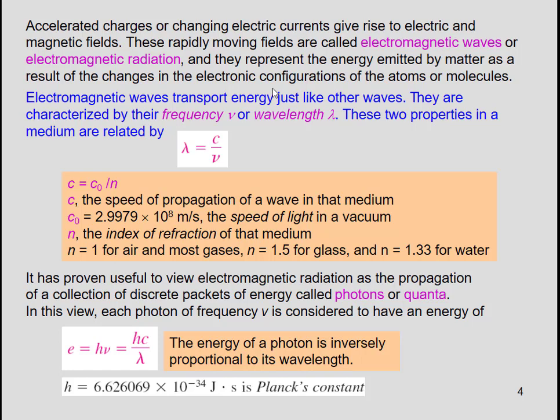You can see different applications of this radiation around us, like our TV, phone, and even light. All of them are electromagnetic waves, and these waves have energy. This energy comes from the electronic configurations of the atoms or molecules.